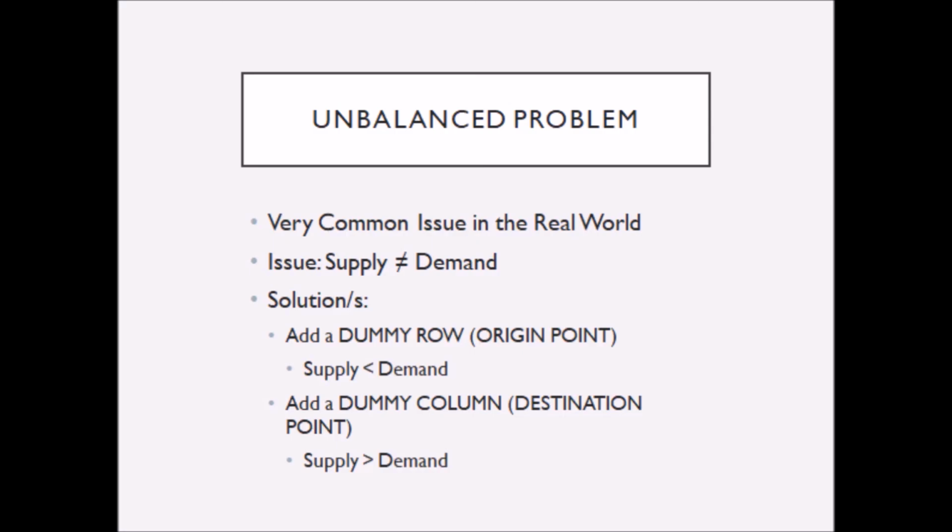And before we end our discussion, let us discuss some special issues in the transportation model. The first issue is the unbalanced problem, a very common issue in the real world wherein supply is not equal to demand. So how do we solve this? We simply add a dummy row on the origin side if the supply is less than demand, and we add a dummy column on the destination side when supply is greater than demand.